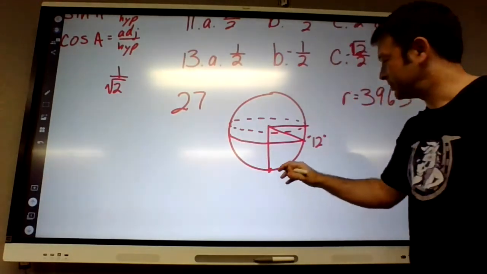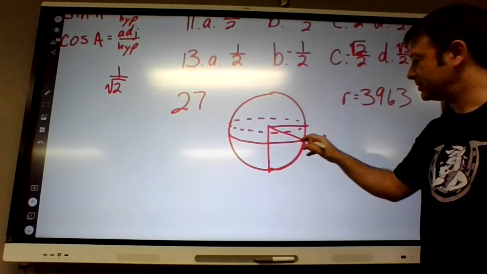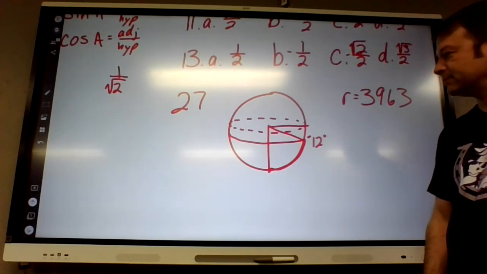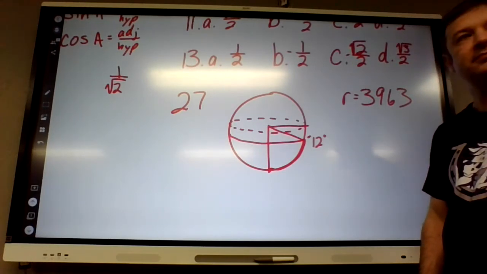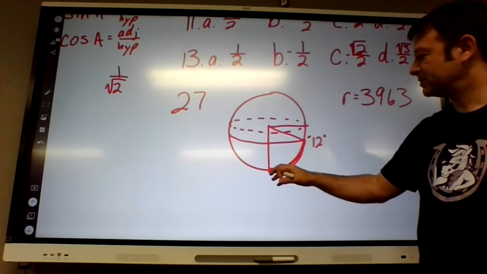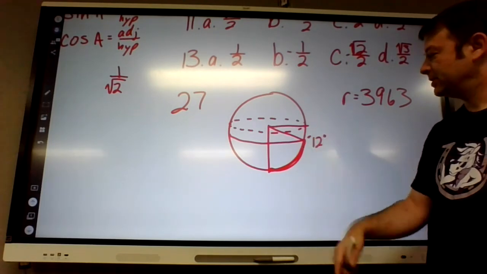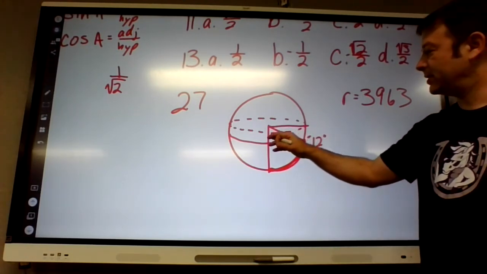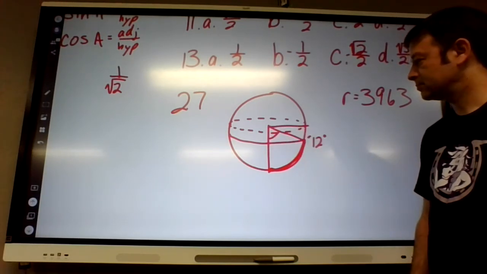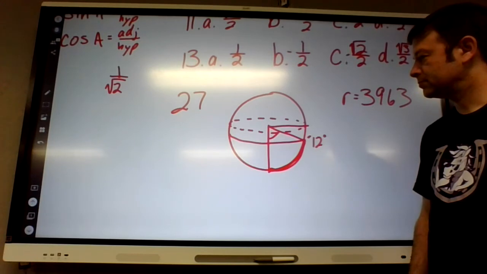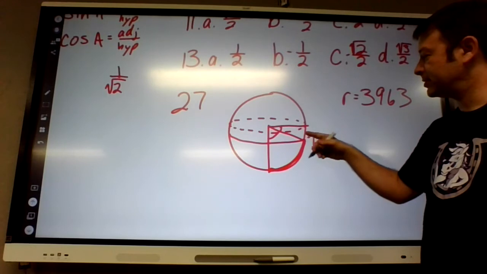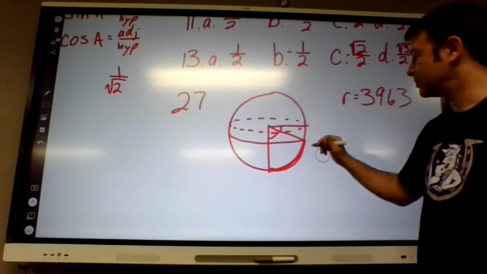So we're trying to find out how far it is from here to here. How would we figure that out? What is this? Arc length. What would the angle be from there to there? Lima is 12 degrees south, that's what this 12 is there for.